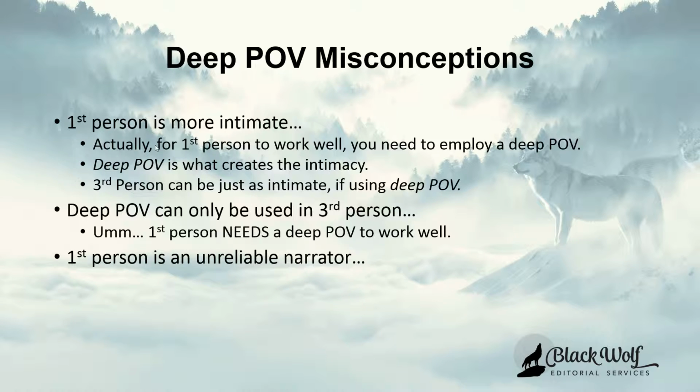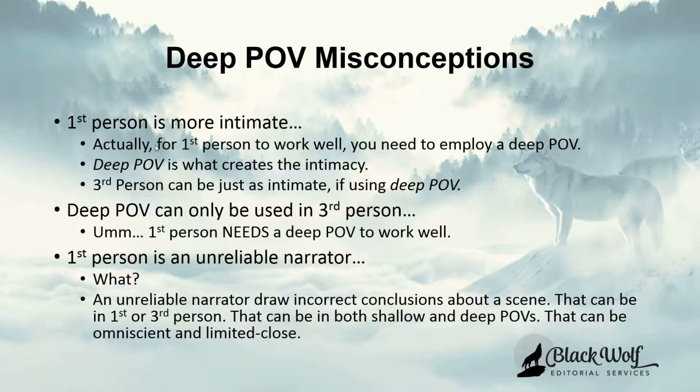And I've heard this one recently as well. First person is an unreliable narrator. Excuse me? What? Okay. If you just happen to come across these articles that I came across recently myself that say that first person is an unreliable narrator, recognize that the person who wrote those articles does not understand what an unreliable narrator is at all. An unreliable narrator will draw incorrect conclusions about a scene.